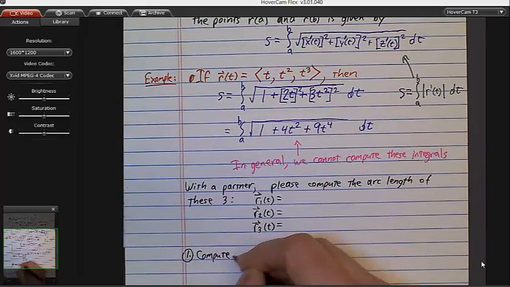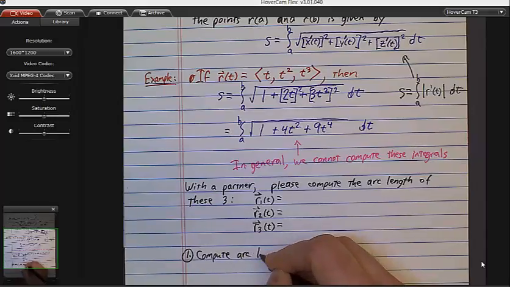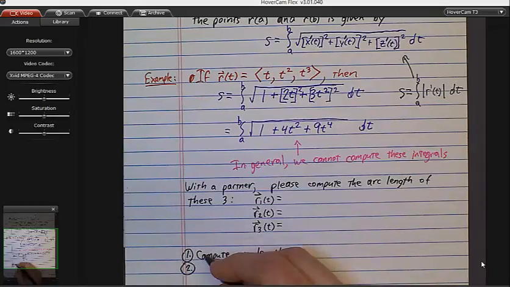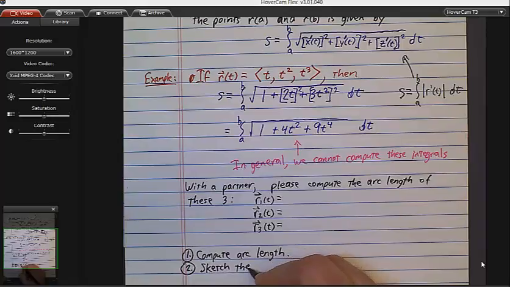You have a formula for it, so we just want to make sure that when you leave today, you can actually get 1 or 2 of the exercises on the homework correct. And then step 2, if you can, this is just good practice for us, sketch the curve in space.